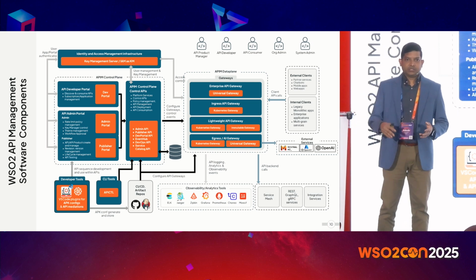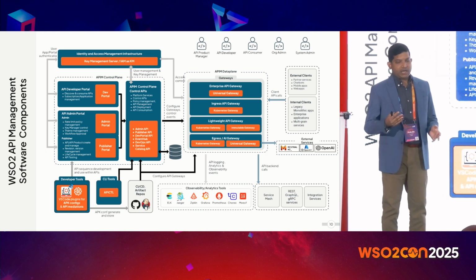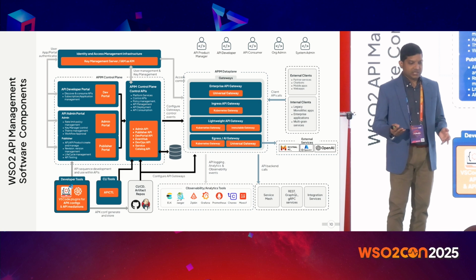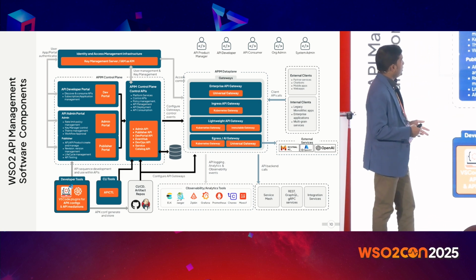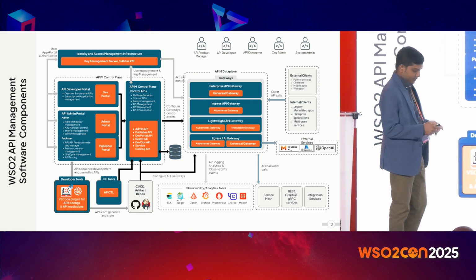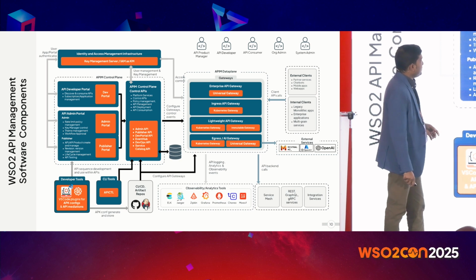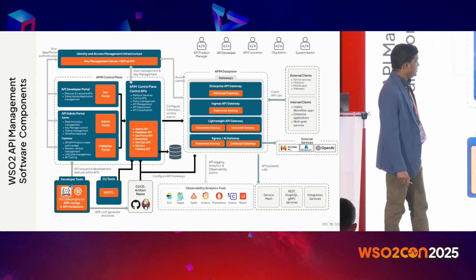They can also check out the SDKs and generate keys, and finally embed the keys in their application. So this is how the flow works when it comes to the portals. On top of that, we have the control plane APIs, which power all these portals.